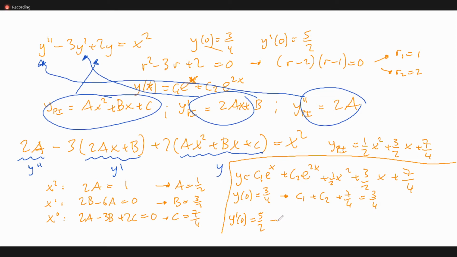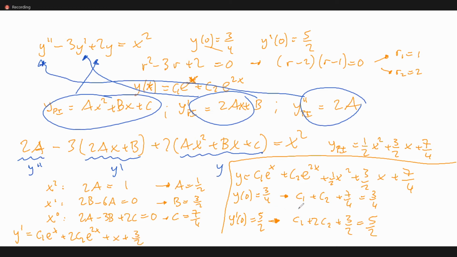While the second condition gives us that c1 plus 2c2 plus 3 over 2 is equal to 5 over 2, where y prime is equal to c1 e to the x plus 2c2 e to the 2x plus x plus 3 over 2.